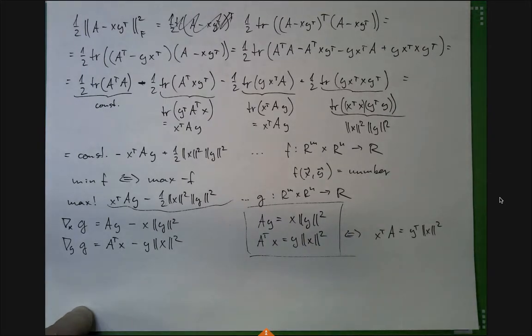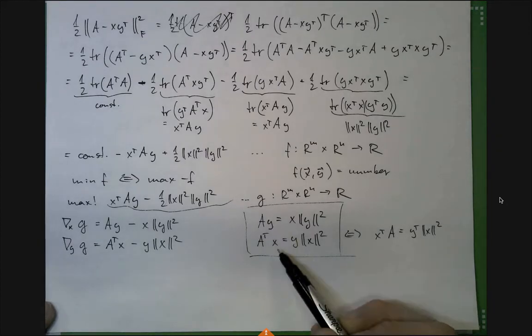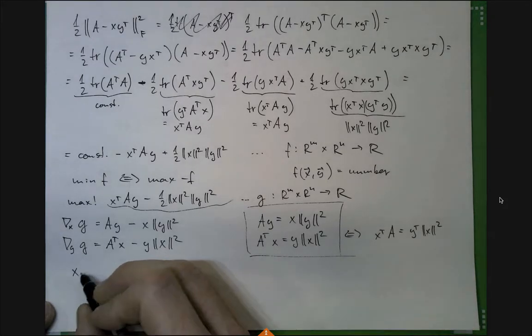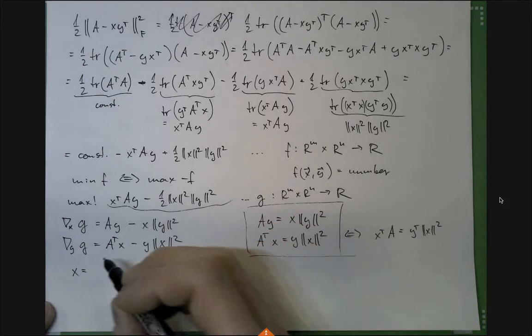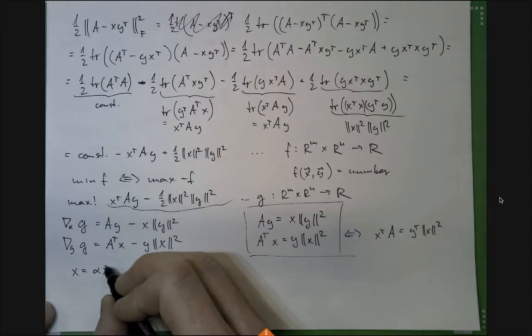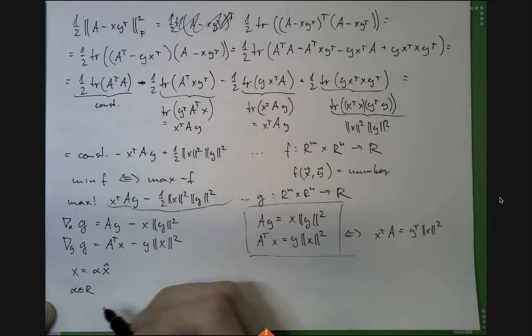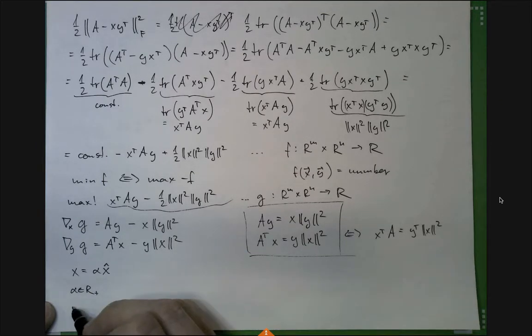Let me do one slight trick to introduce a little substitution. Instead of solving for x and y, I can write them in polar form, if you will. Instead of x, I'll be looking for alpha x hat, where alpha is a non-negative scalar, and x hat is a vector of norm 1.